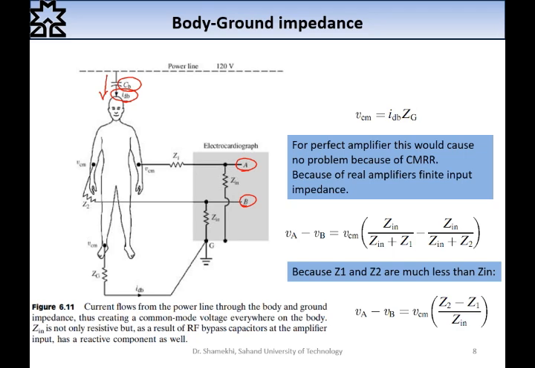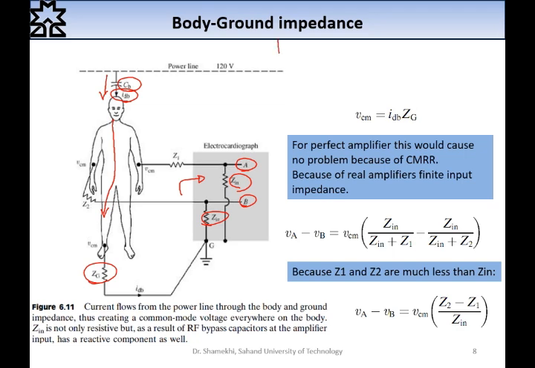Okay, let me write the common voltage dropped over the body, because the current will flow through the body and the input impedance of the system Zin is high. Therefore, all the current will flow through the Zg, and the common voltage of the body is only based on the drop voltage on the Zg.